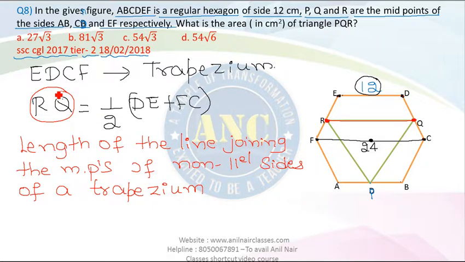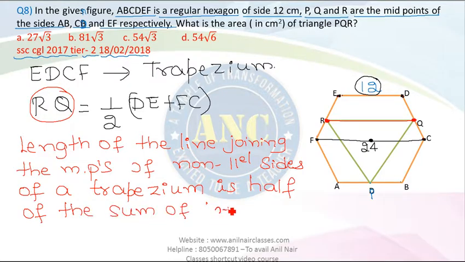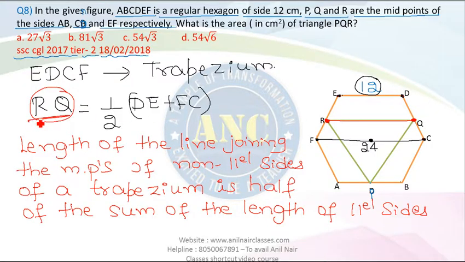The length of that line RQ is nothing but equal to half of the sum of the length of parallel sides. This is one of the properties of a trapezium: if I join the midpoints of non-parallel sides, whatever length I am getting here as RQ is definitely equal to half of the sum of the lengths of the parallel sides.